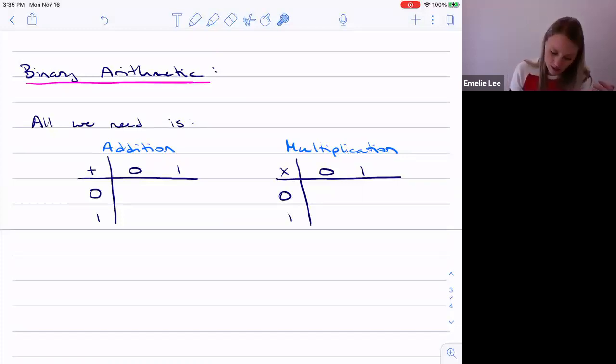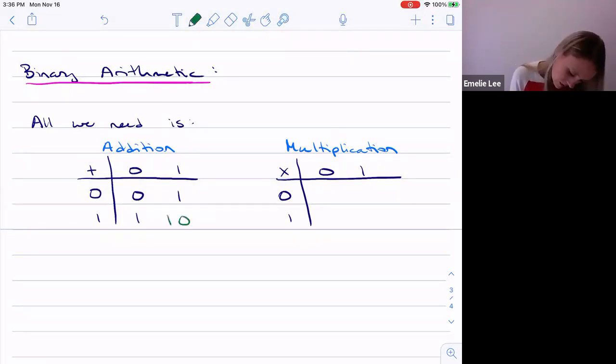So 0 plus 0 is 0. 0 plus 1 is 1, and 1 plus 0 is 1. The only pickle is that 1 plus 1 in base 2 is 2, and 2 in base 2 is going to be 1, 0.